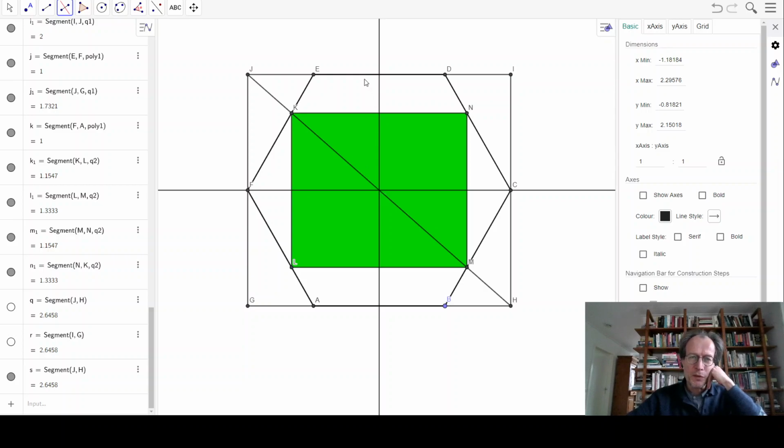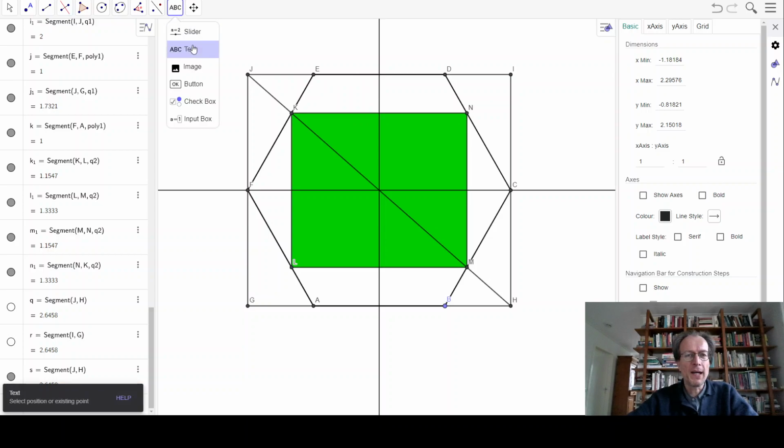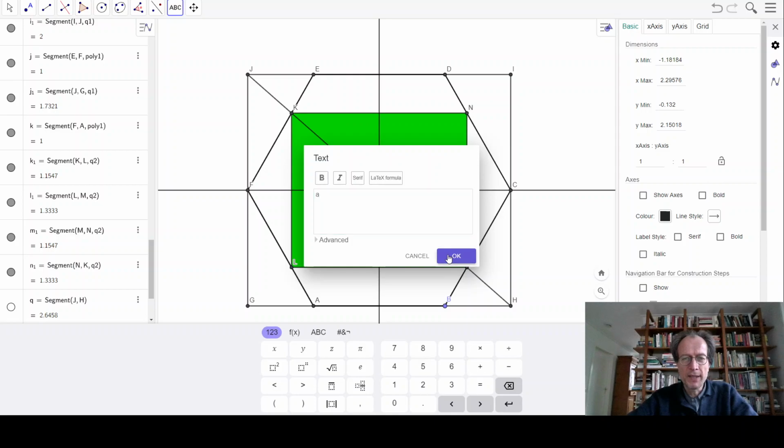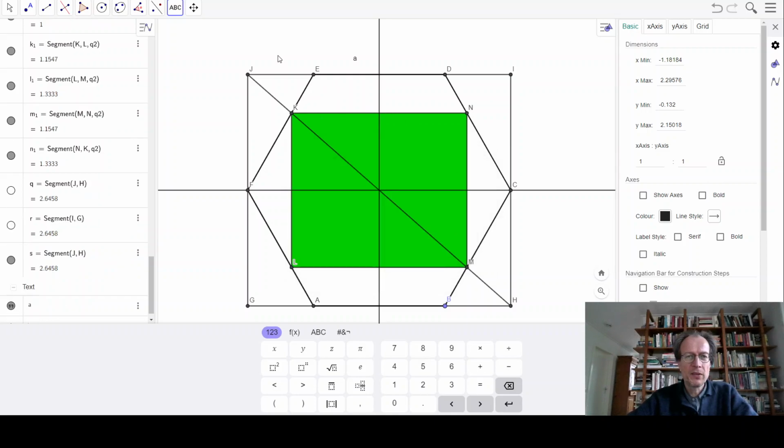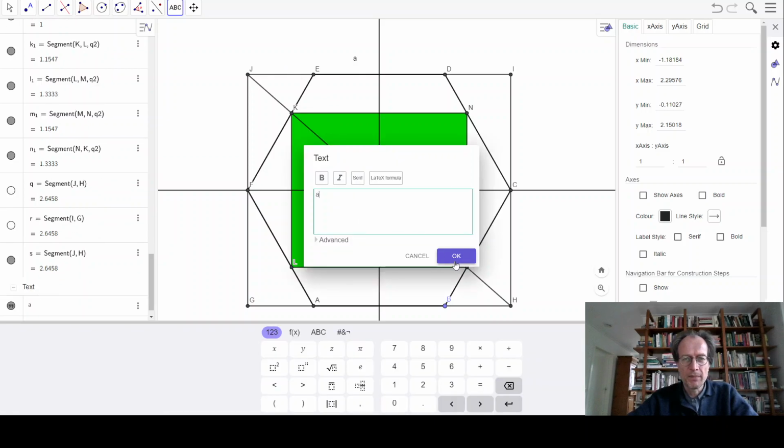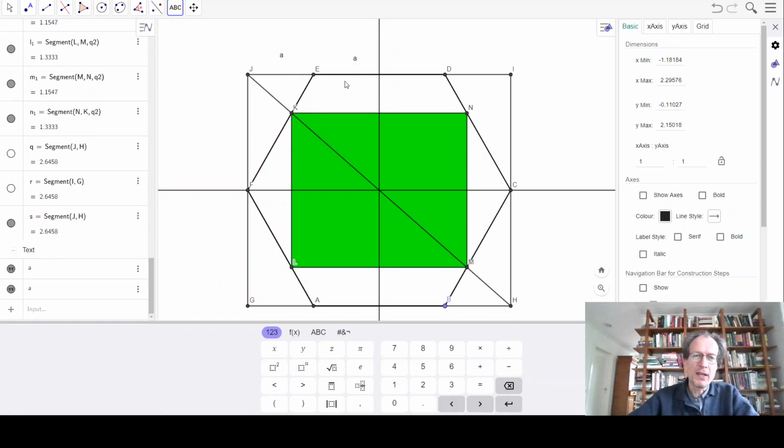Well, from the dimensions of the regular hexagon, if I put the length A over there, then you know from the hexagon that this one is also A. And that basically is because this is a 60-degree angle. So, no, let's put it another way.